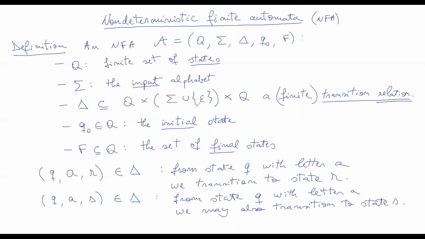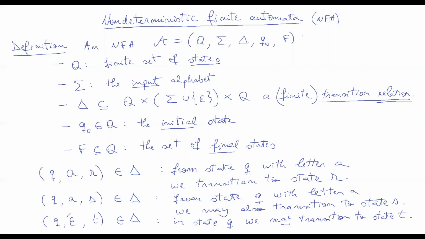And please note that we also have the possibility of taking an epsilon here. So in state Q, we might have an epsilon and a state T. So this might also be in your transition relation. So this would mean in state Q, we may transition to state T, and that is to say without reading anything from the input.